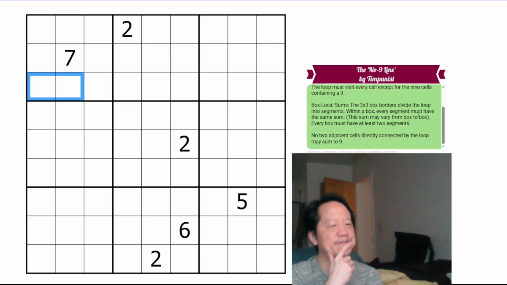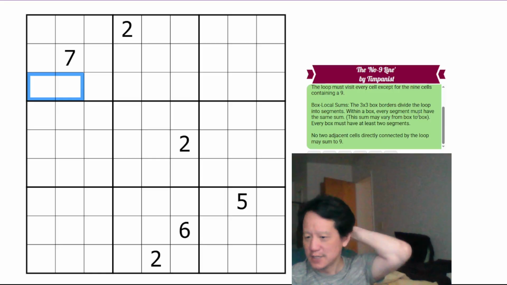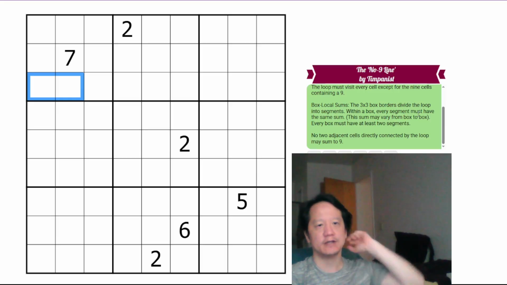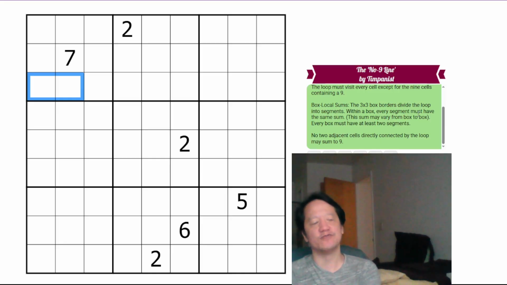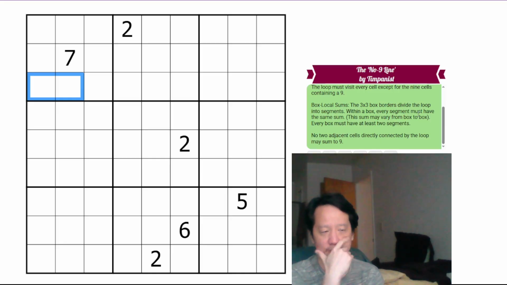36 divided by 5 doesn't work. 36 divided by 6 would work, except that doesn't work because 8 and 7 are going to be greater than it. So every box has to be divided into 2 or 3 segments. Interesting. It's 2 or 3.